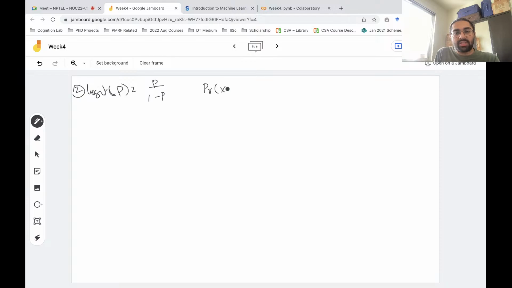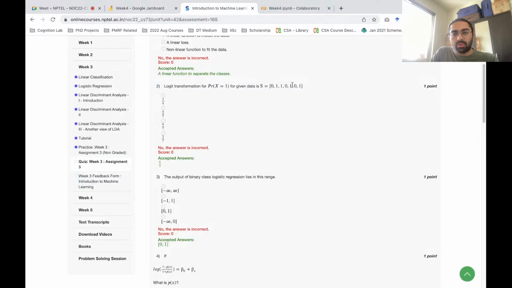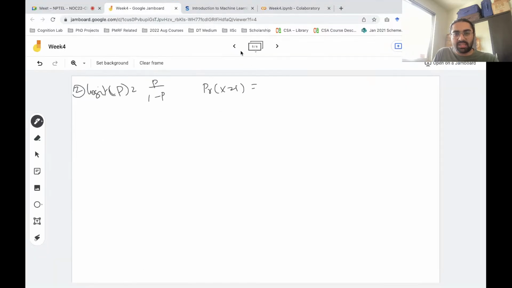So probability of x equal to 1 here is, I think, 4 by 7. 1, 2, 3, 4, yeah, so 4 by 7. Obviously it's an estimate. So logit of this value is going to be 4 by 7 by 3 by 7, so just 4 by 3.